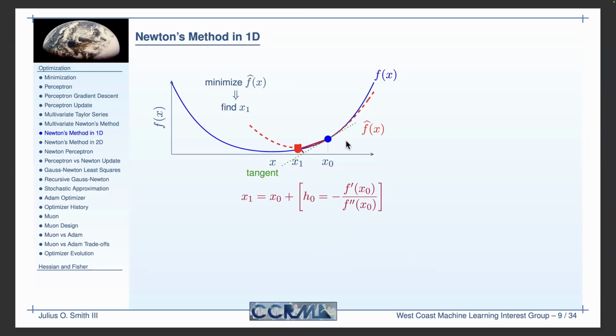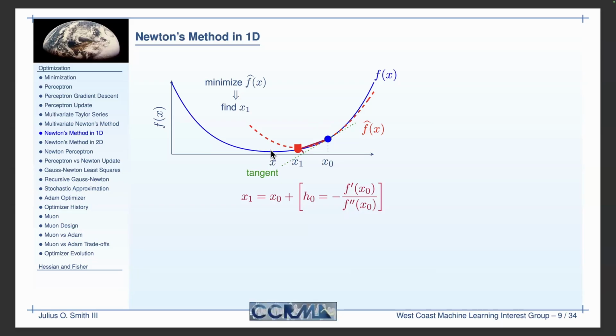So the derivative evaluated at this point divided by the second derivative gives us the step, and we go there, and that gives us x1. And this is the bottom of this parabolic approximation, but it is not the optimum because the original function was not a parabola. And so this is what we do. We just keep fitting parabolas and jumping to the bottom, and then do that until we converge.